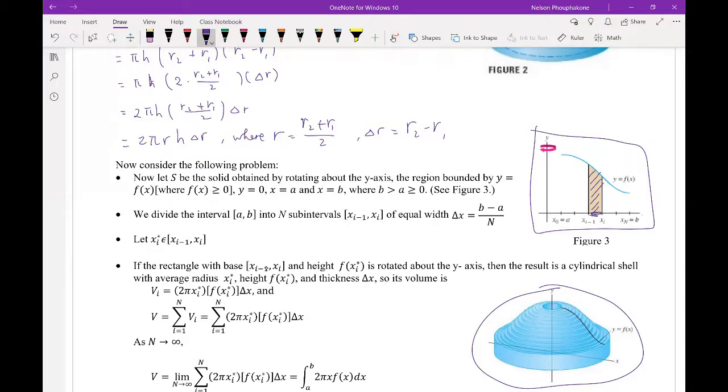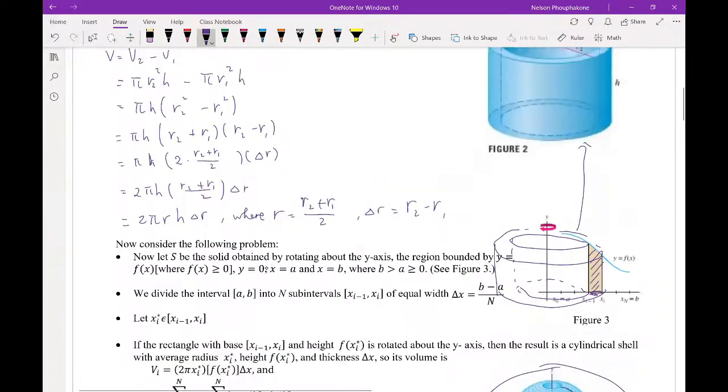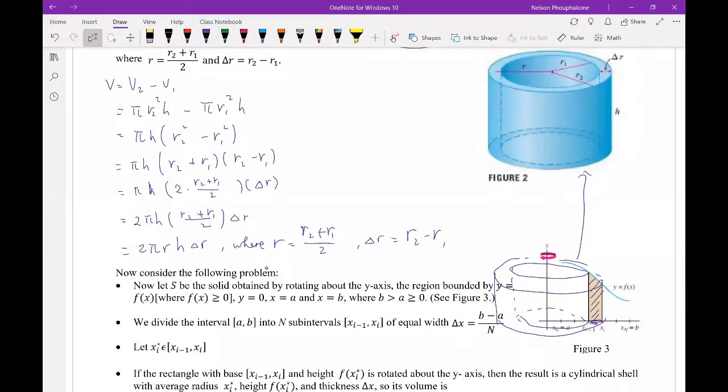If we rotate about the y-axis, we have something that looks like this. If it is small enough, then these two heights are almost the same, if we cut it small enough.